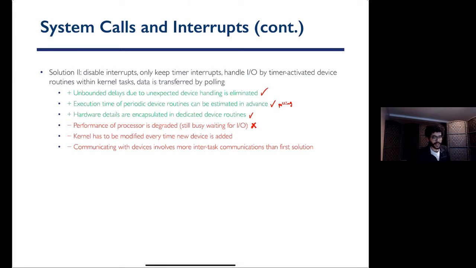Now, the tasks are less complex, but the kernel is complex. If you add new hardware, now you have to add a new routine to your kernel and make your kernel poll this new device as well. So the kernel has become complex. And the new problem that we have added is that now the tasks cannot directly talk to the devices, they have to talk to the devices through the kernel. And that means inter-task communication probably, right?